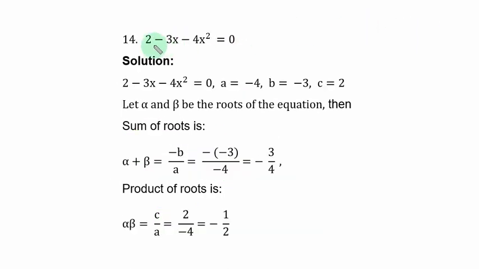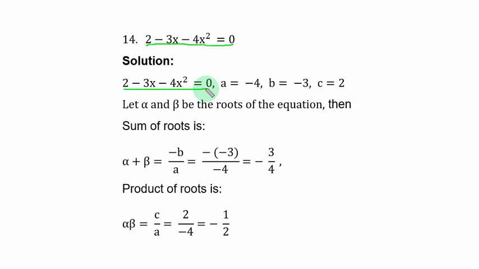Example 14. Find the sum and product of roots of 2 minus 3x minus 4x squared equal to 0. This is the given equation. The equation can be written in any form, but mind you, the position of a, b, c will not change.